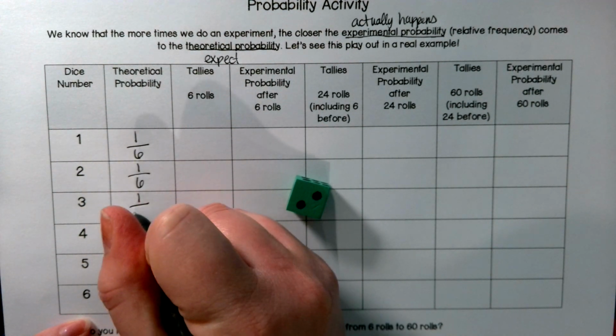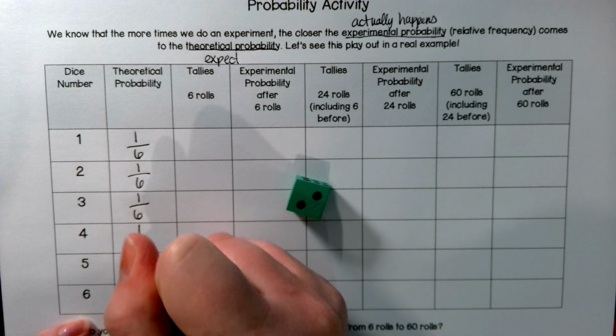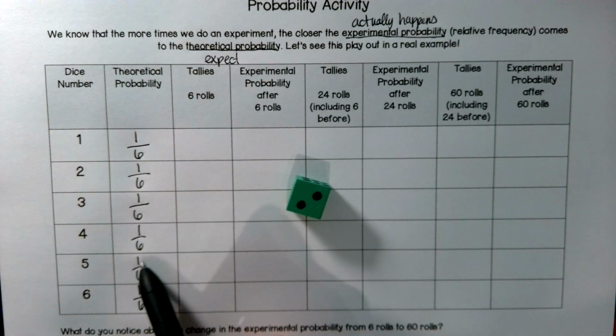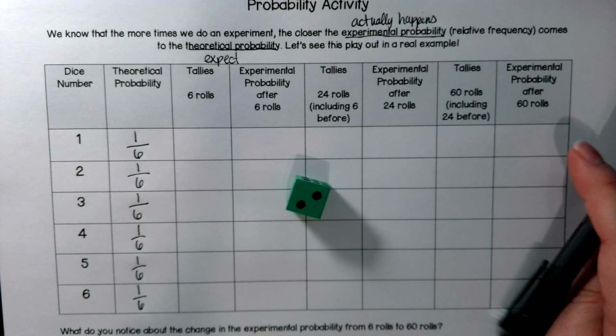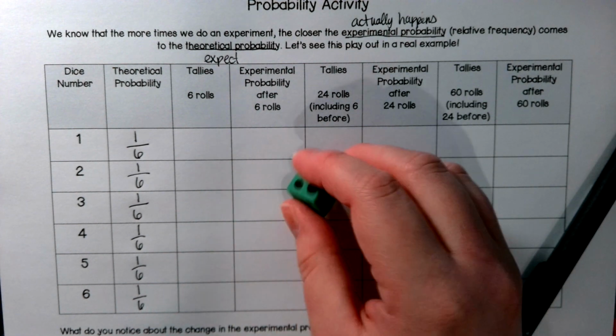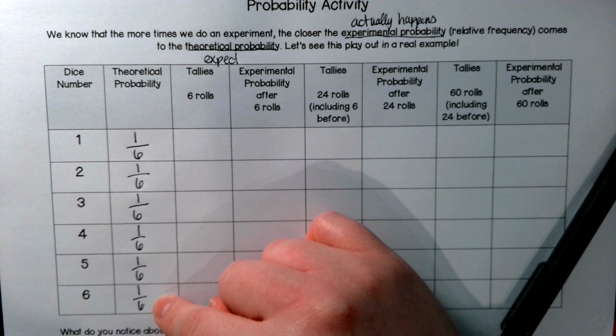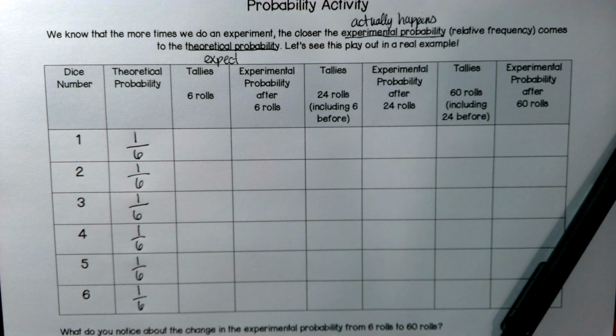Again, all sides of my dice have the same probability. There's only one 3, one 4, one 5, and one 6, so the probability of rolling any one of these numbers is going to be 1/6.